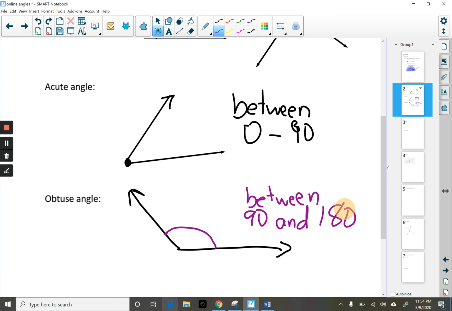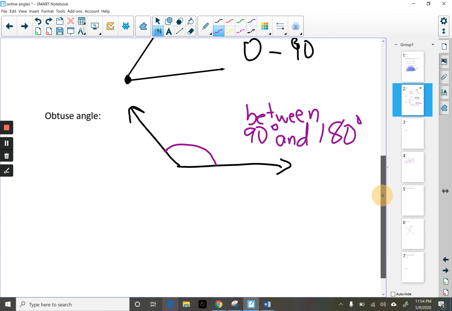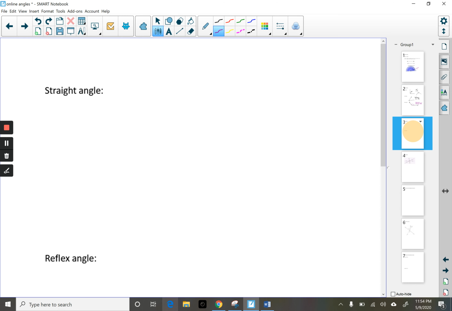These are probably the most important numbers we are going to use when we are talking about angles. We're going to keep referring to them, 90 and 180. So anything that is 107 degrees, 94 degrees, or 172 degrees are all obtuse angles.